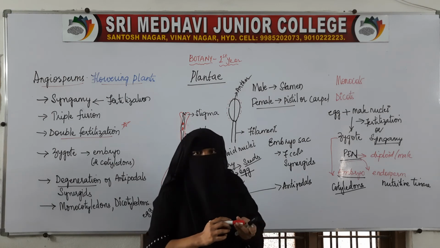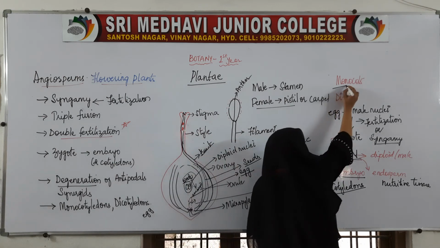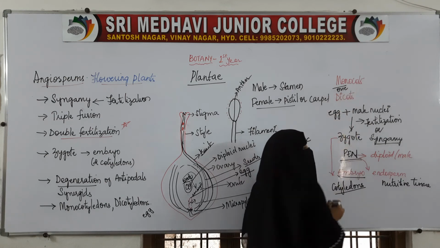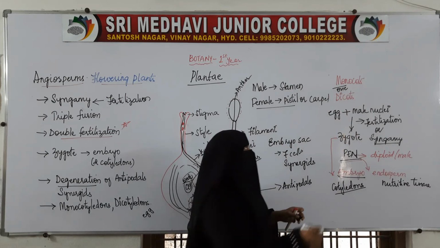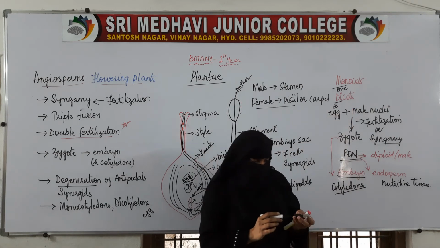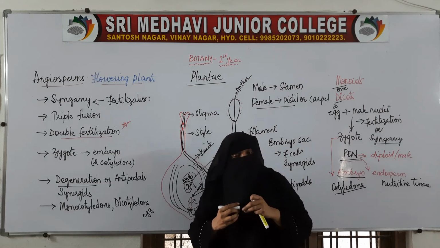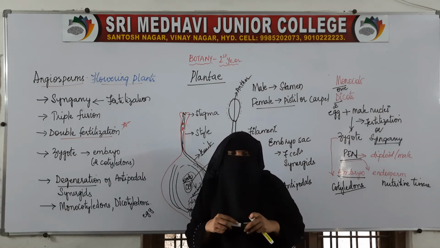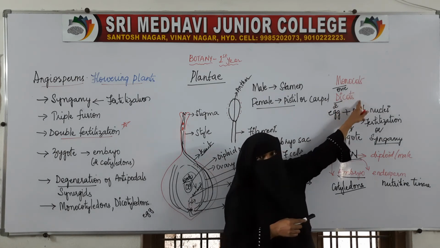As the name says, mono means one cotyledon, and di means 2. Depending on the number of cotyledons, the angiosperm is divided into monocots and dicots.